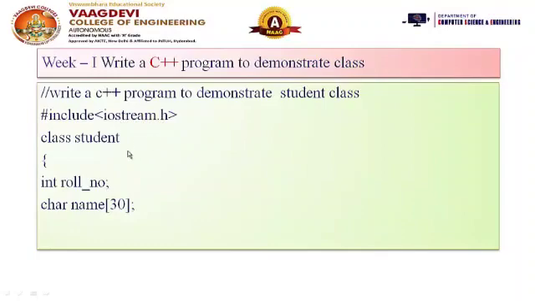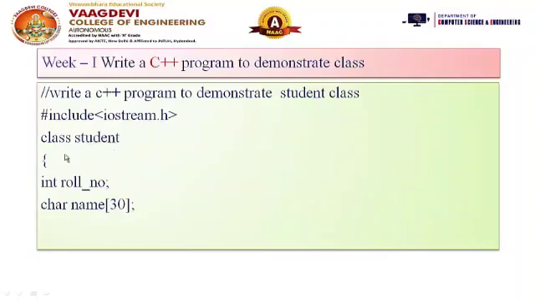And in the next statement, this is the way we declare a class in C++ by using the keyword class. A class is a keyword used to define a class, and a class name is the name of the class.